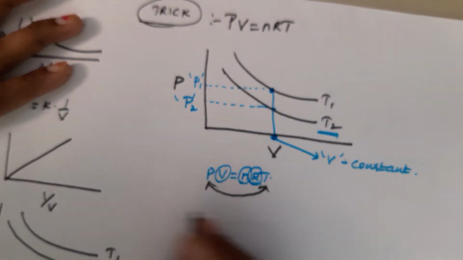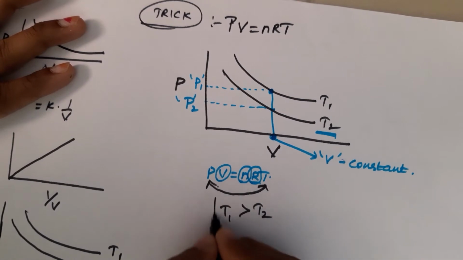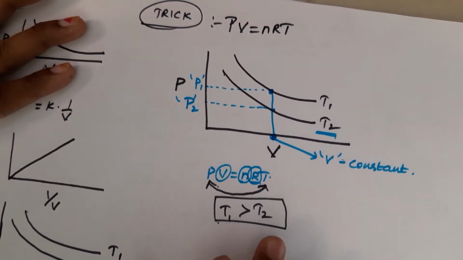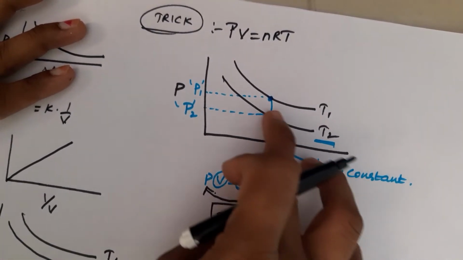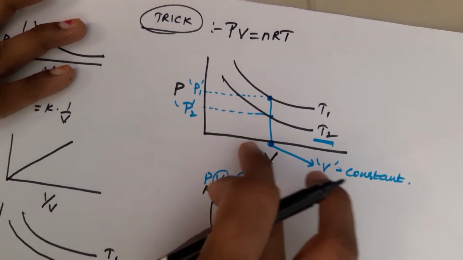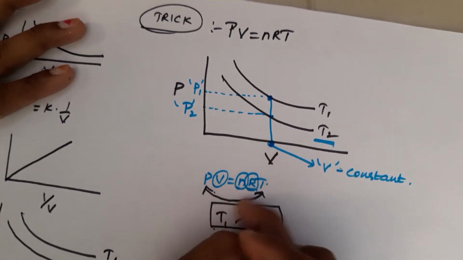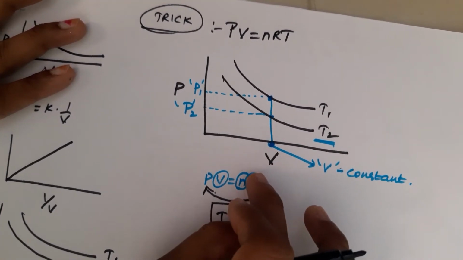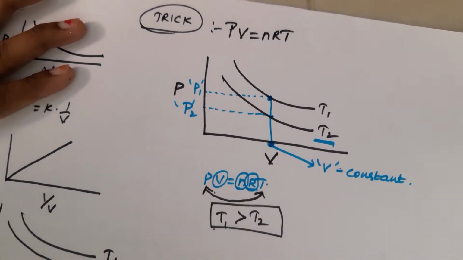Here T1 is more when compared to T2. Simple. Remember PV is equal to nRT. Draw a vertical or horizontal line as a reference. Then see which one is constant. Remember the constants and then relate the remaining two. Then it is easy.